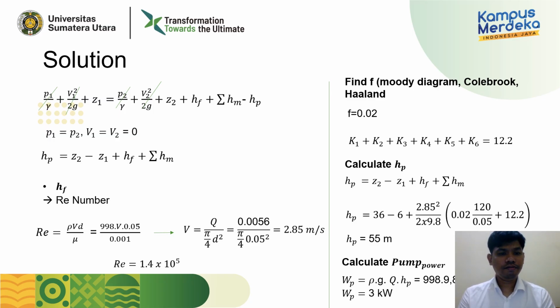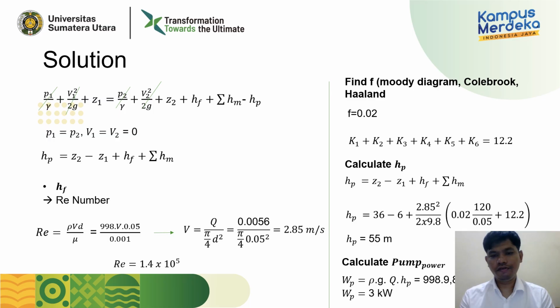That is for the major losses. For the minor losses, we can calculate based on the table that we had in the previous slide or previous sections. For the total, we have 12.2 as the minor loss coefficient. Then the next step is to calculate the head of the pump. We put everything we know into these equations.